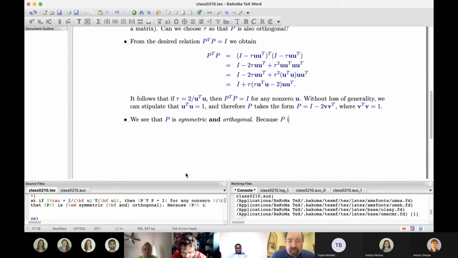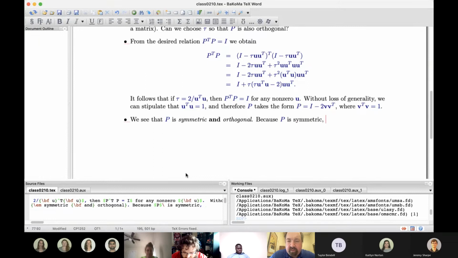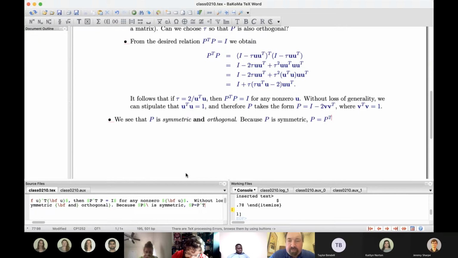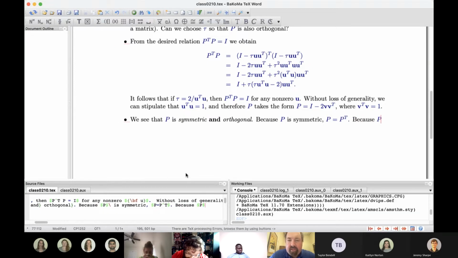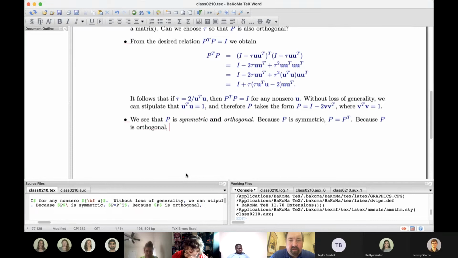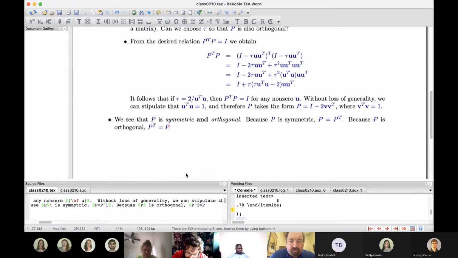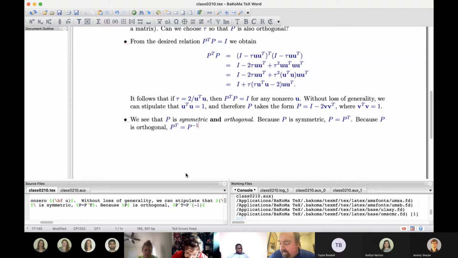Because P is symmetric, P is equal to its own transpose. Because P is orthogonal, P transpose is equal to P inverse. That comes from P transpose P being identity.